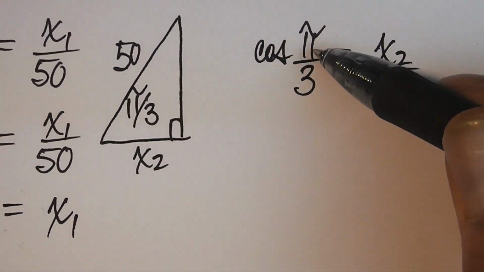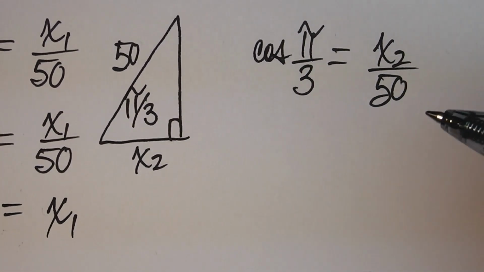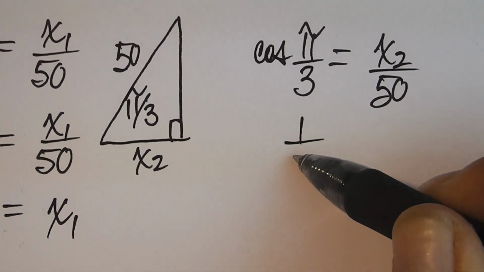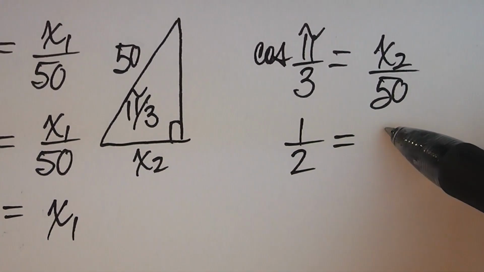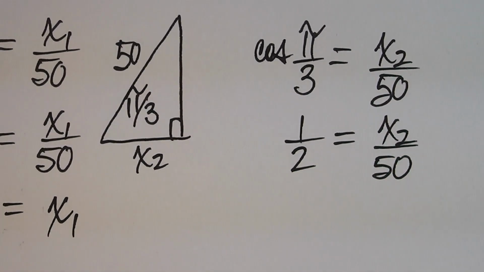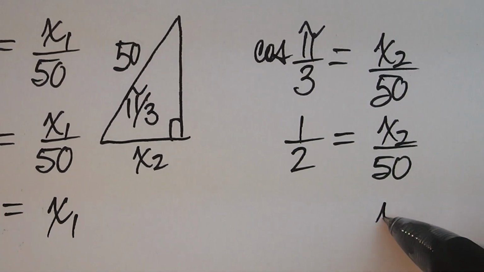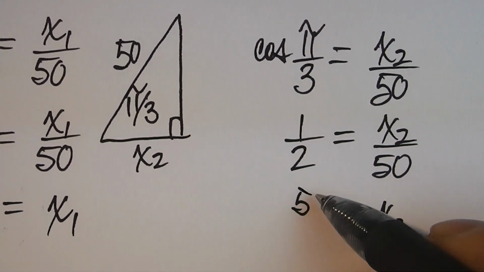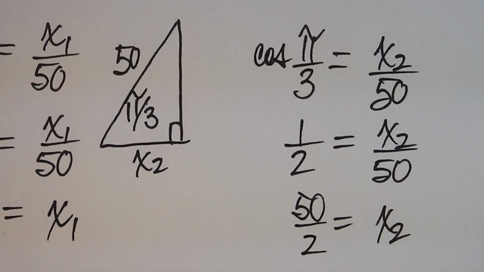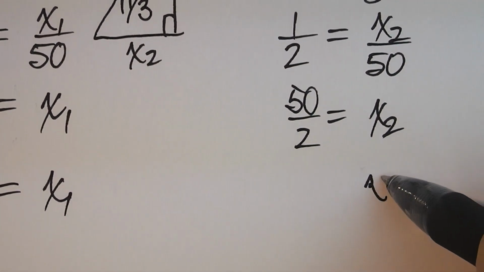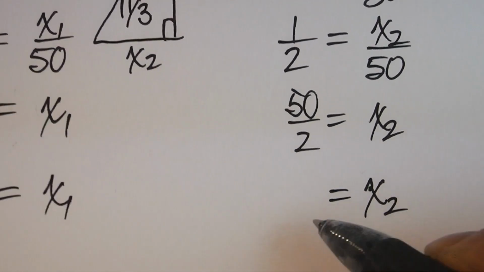You see pi over 3, special angle. If you look at your unit circle, you'll see that the exact value for the cosine of pi over 3 is 1 over 2. So to solve for x2, x2 will be 50 times 1 divided by 2. So x2 is equal to exactly 25.